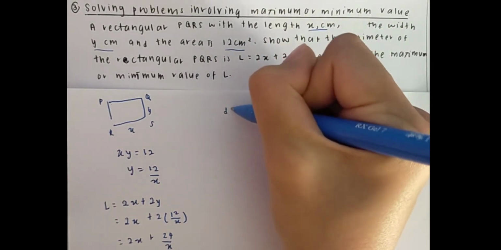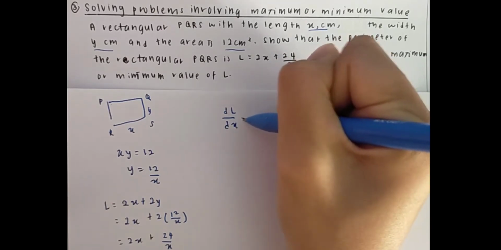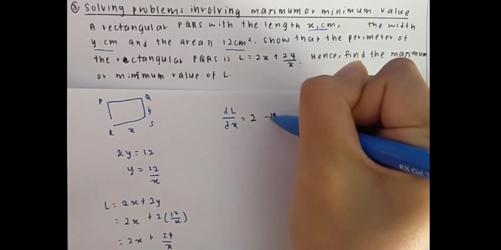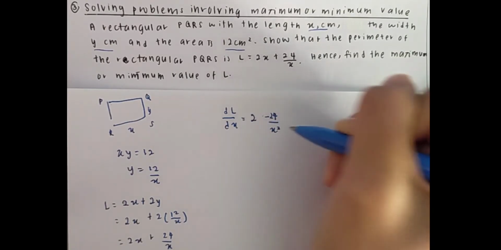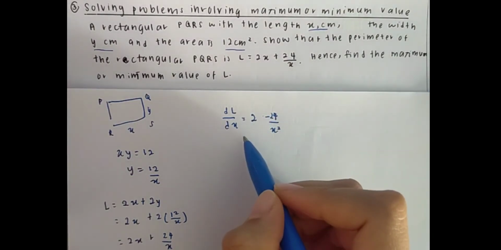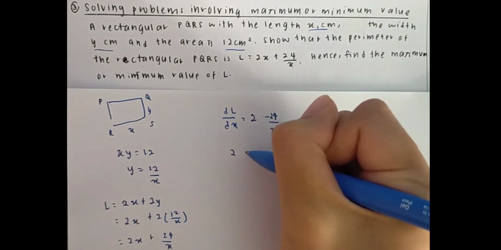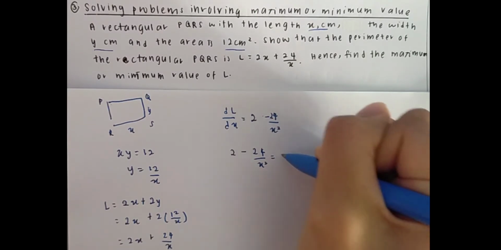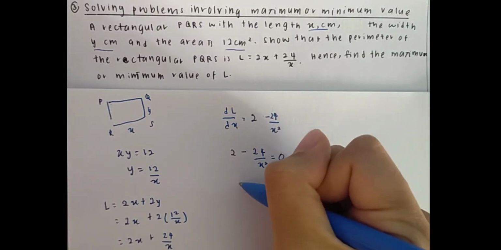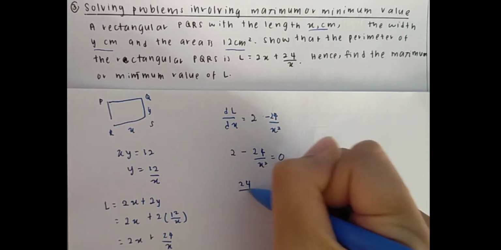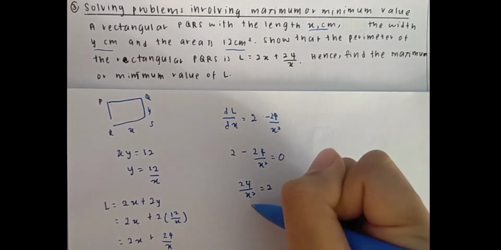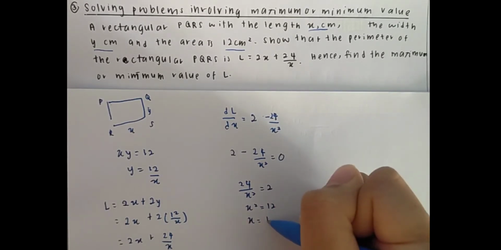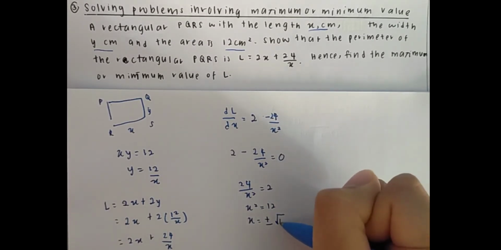So dL over dx is equal to 2 minus 24 over x squared. When dL over dx is 0, we know that 2 minus 24 over x squared is equal to 0, and 24 over x squared is equal to 2, x squared is equal to 12, and hence x is equal to plus or minus square root 12.